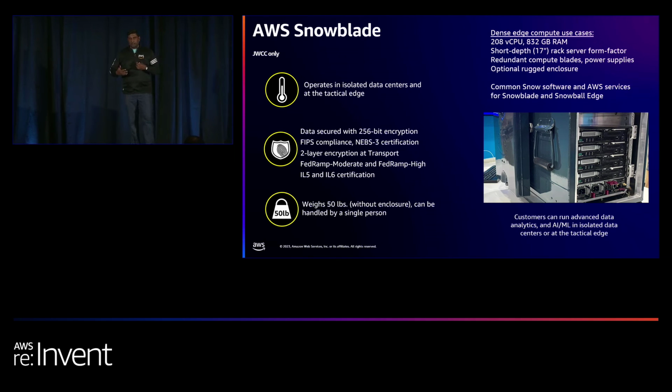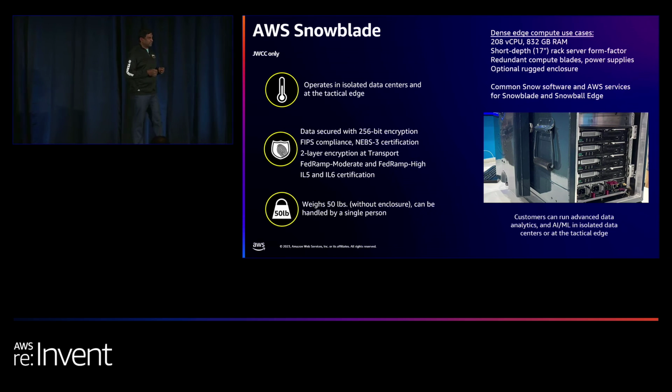And just given the nature of the device, we're seeing a lot more use cases where more complex workloads are being used by customers at the edge, AI/ML inference that needs a lot more compute, and that's where a 208 vCPU type device comes in use for our customers.